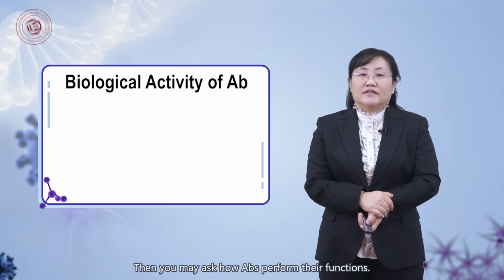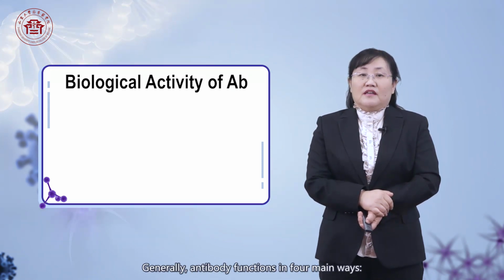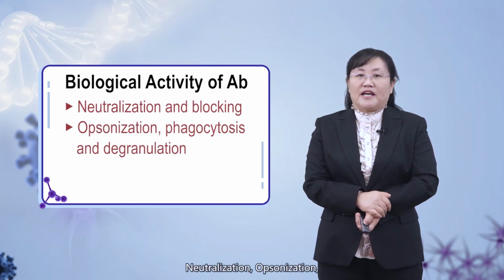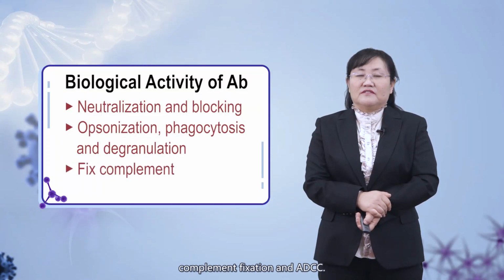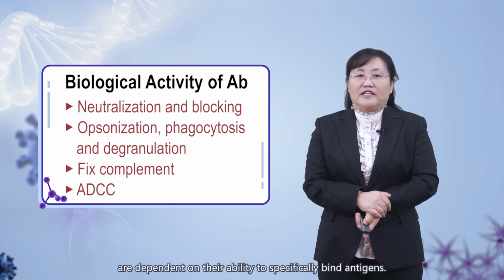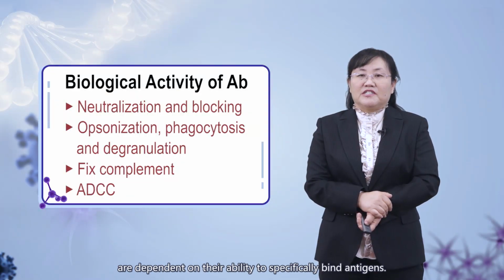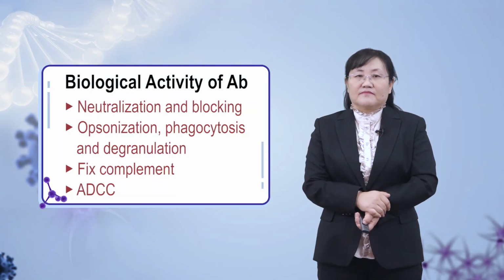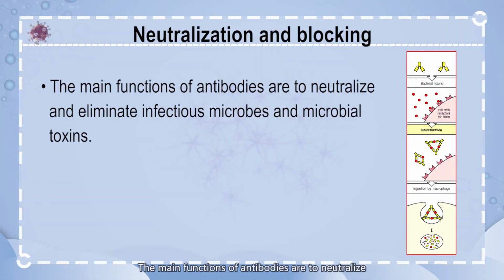Then you may ask how antibodies perform their functions. Generally, antibodies function in 4 main ways: neutralization, opsonization, complement fixation, and ADCC. All of the functions of antibodies are dependent on their ability to specifically bind antigens. The main functions of antibodies are to neutralize and eliminate infectious microbes and microbial toxins.